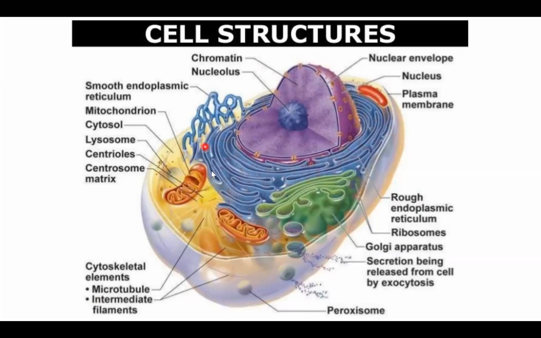Then we have all these other really cool components inside the cell. We have these mitochondria, we've got the Golgi Apparatus, we've got the Endoplasmic Reticulum. Prokaryotes are also lacking those items because they do not have membrane-bound organelles. Only eukaryotic organisms have membrane-bound organelles.